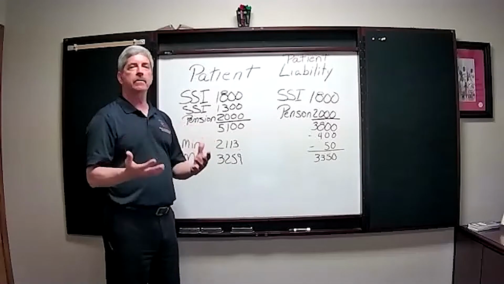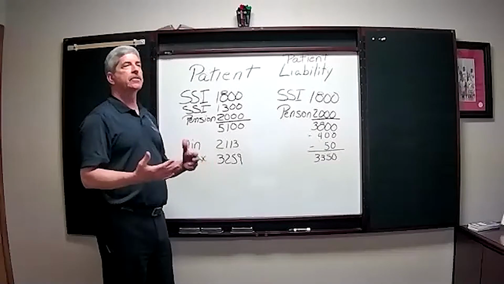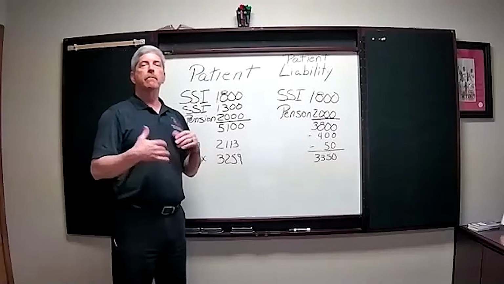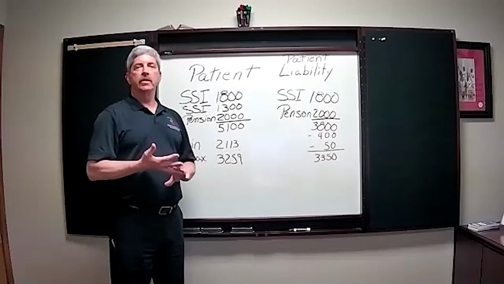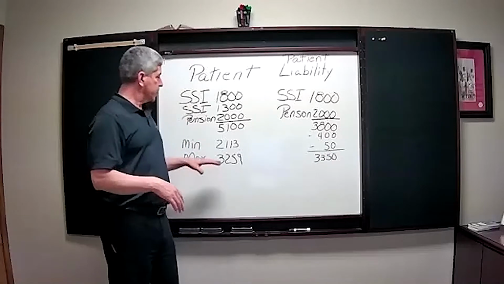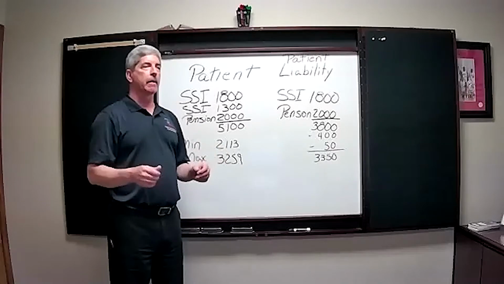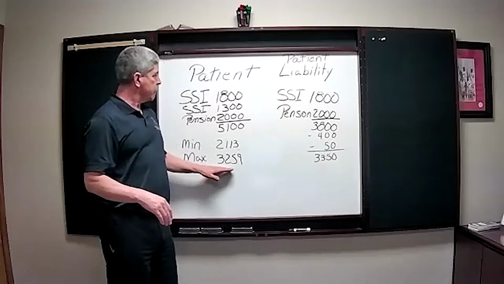So how do they come to that number? They're going to take that minimum and add to it things like the mortgage payment, the real estate taxes, and the maintenance fee on the house. They will keep in the life or the health insurance premium. That will all add up, but there's a cap of $3,200.